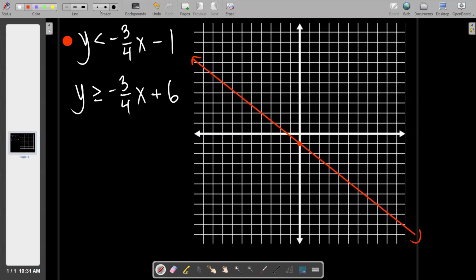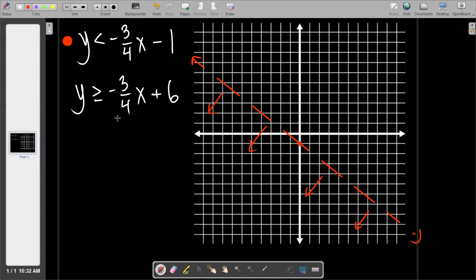And this line is dotted. Which way would the shading go? Below. Very good. So I'm going to draw some little indicator arrows.